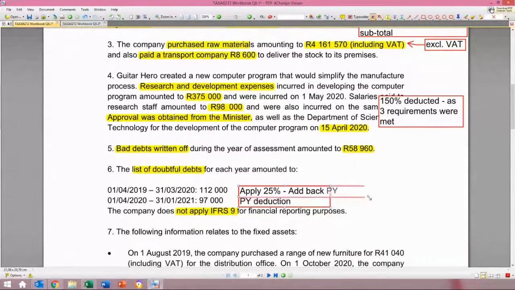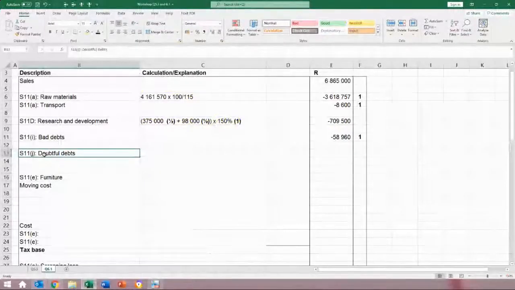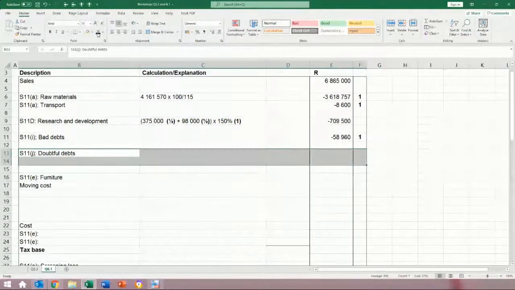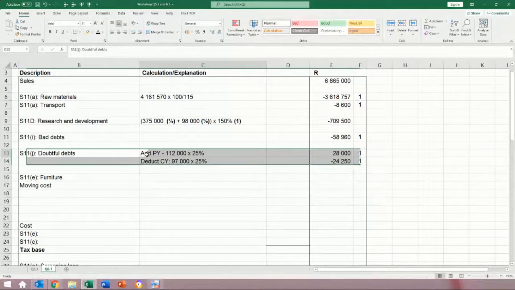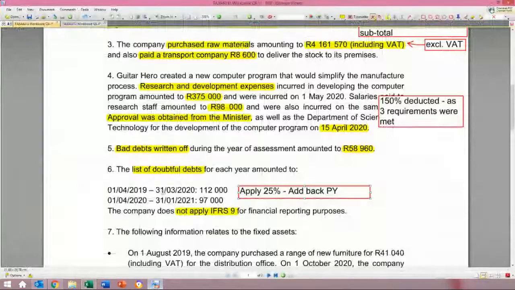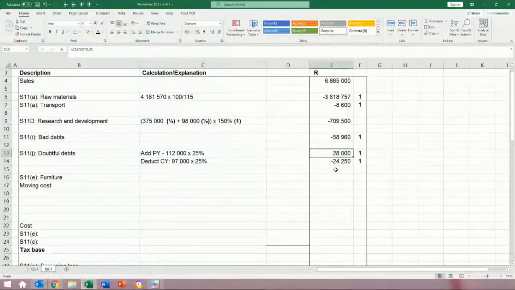And this would normally be included in the income, but for this scenario, I've just shown it together so that you can see how it is calculated. So when we do the doubtful debts, you have to show both amounts. You show the current year's deduction and the prior year. So now we're adding back the prior year, which was the 112,000 multiplied by 25%. So that's what we would have deducted last year. You add it back.